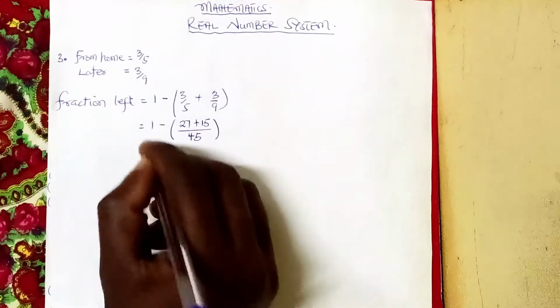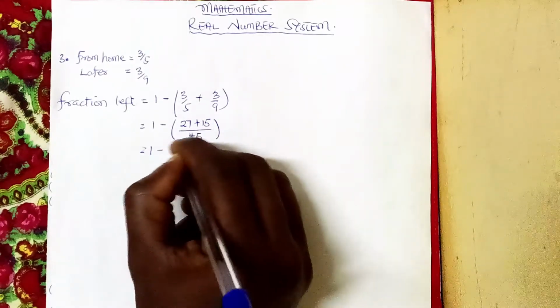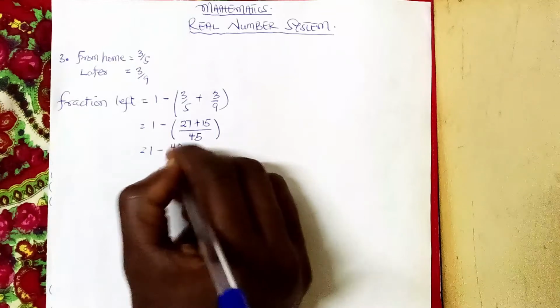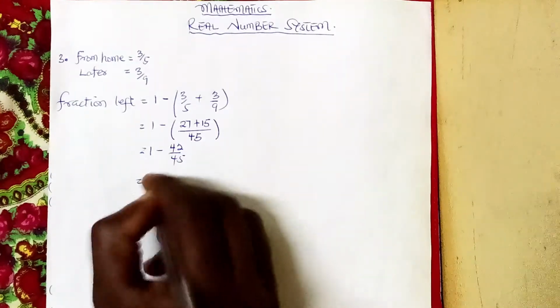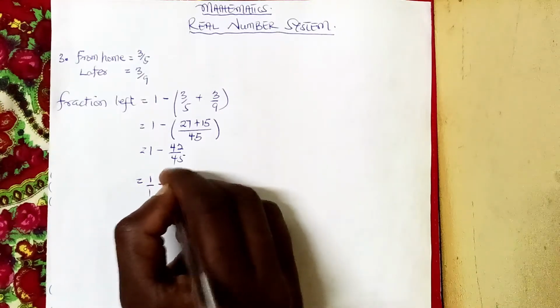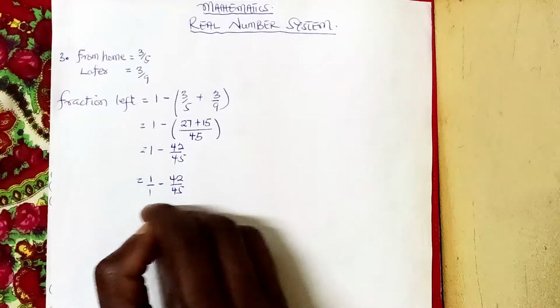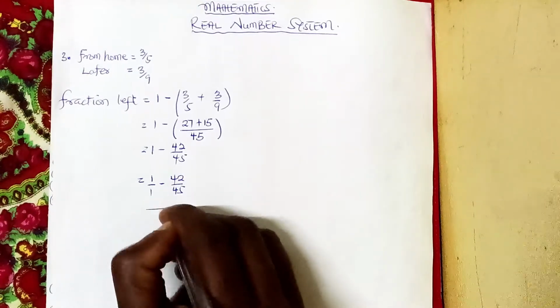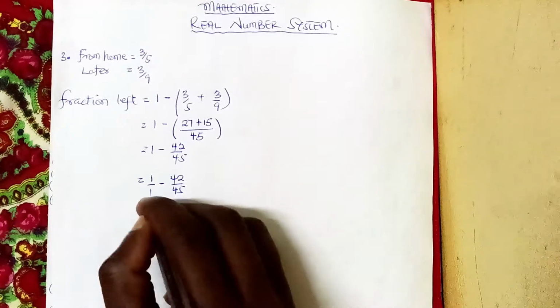So we have 1 minus 42 on 45. Every whole number is over 1. So we have 42 over 45, with our LCM being 45. 1 into 45 is 45. 45 times 1 is 45.